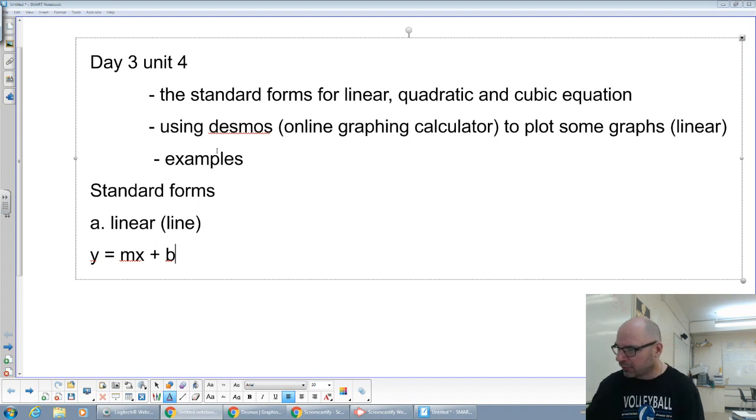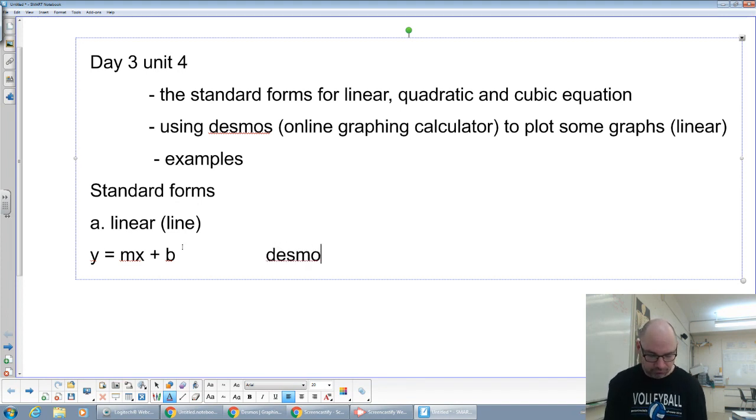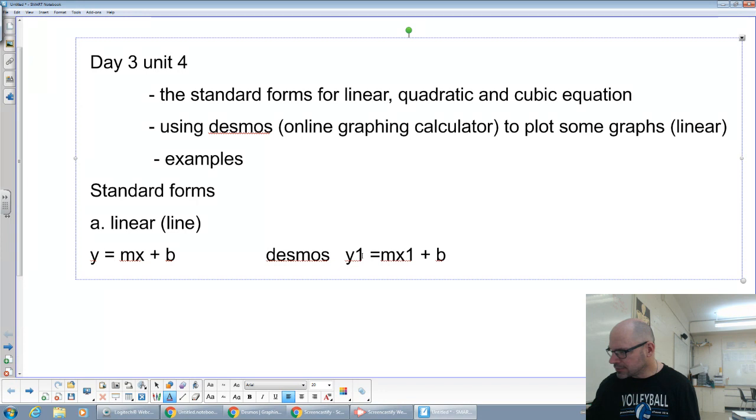So in Desmos, we'll write it like this: y sub 1, y1 equals mx1 plus b, with a subscript down there like that.